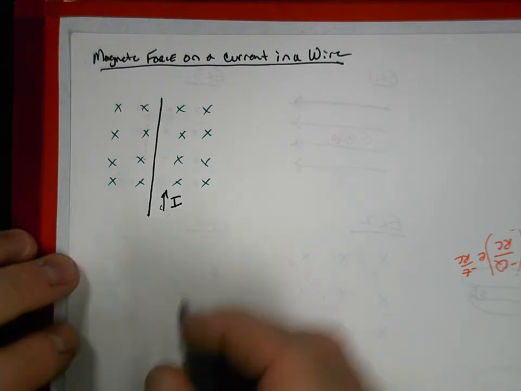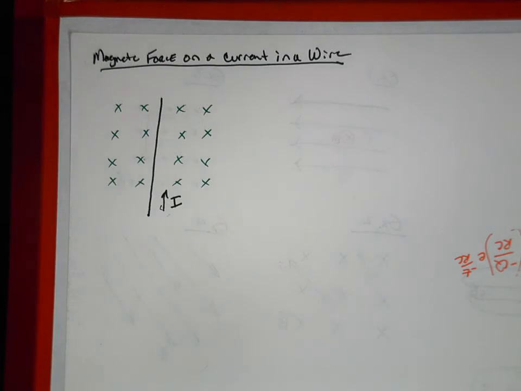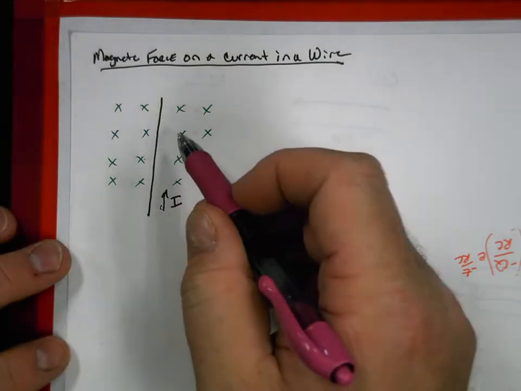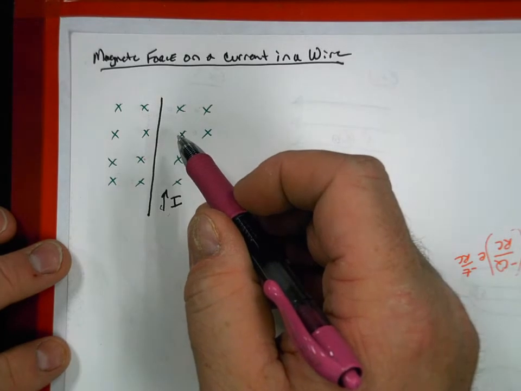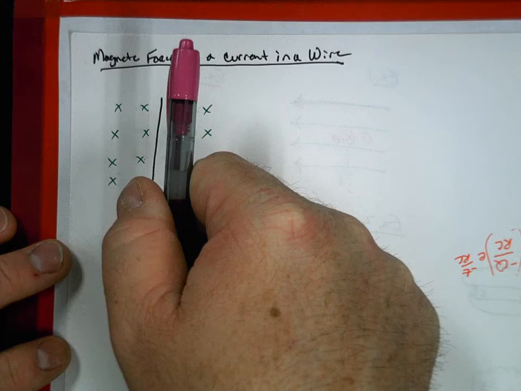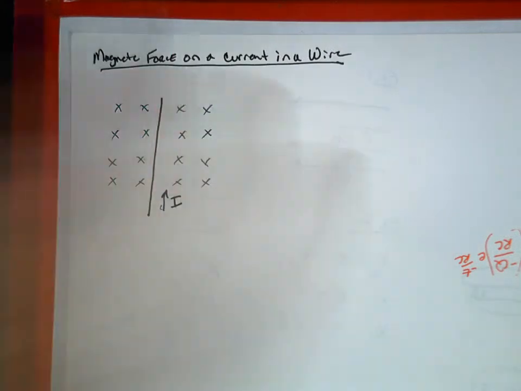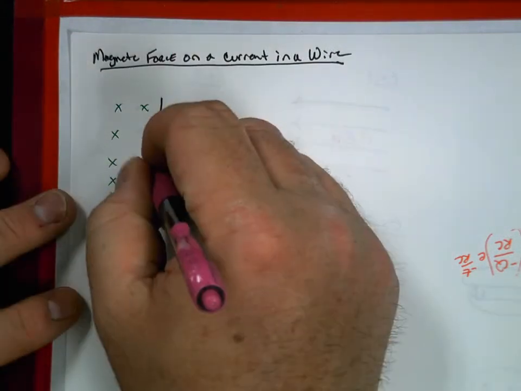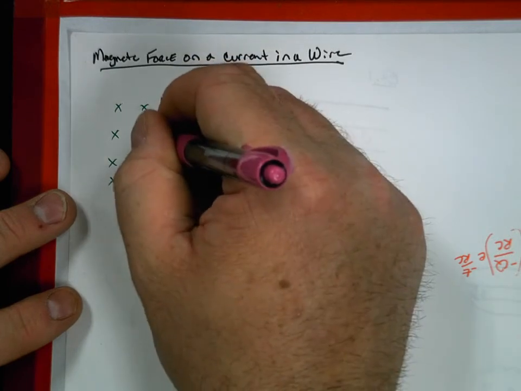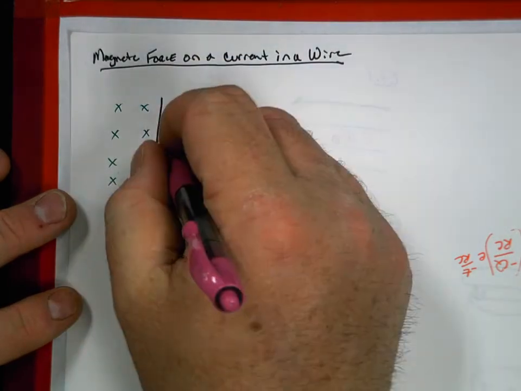Well, we know that the current's going this way, which means that the charged particles are really going which direction? That way, but they're negative, right? And so our test particle is really going that way. Here's our particle, and its velocity is in that direction.